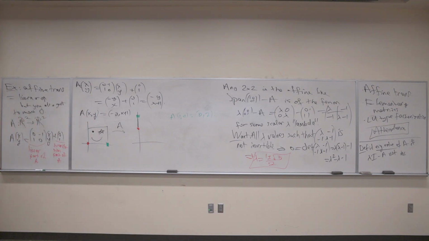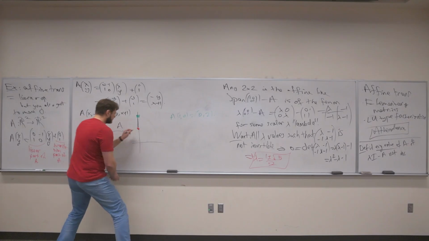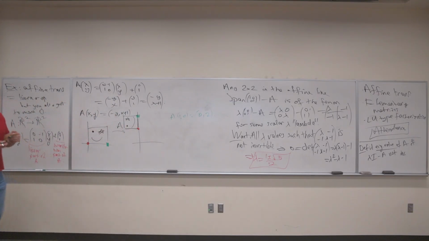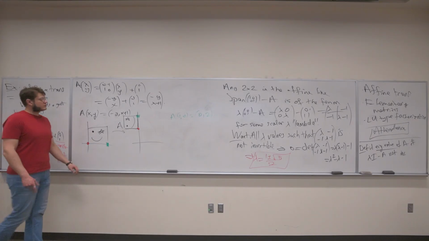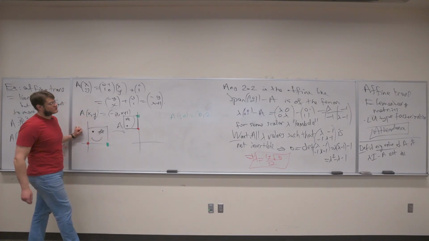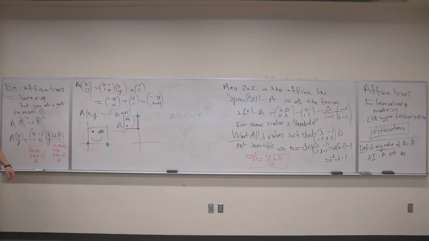You keep going like this, and it turns out that this guy transforms this into this. So if you're trying to verbalize what this does, it first rotates by 90 degrees in the counterclockwise direction, and then translates everything by 1 unit in the y direction. That's what you can imagine.